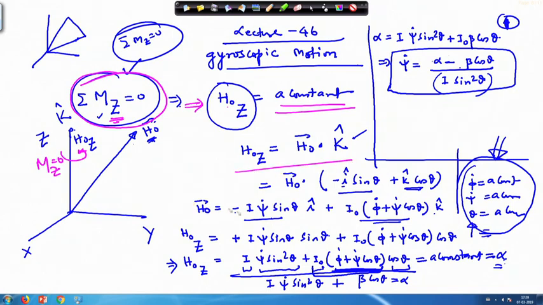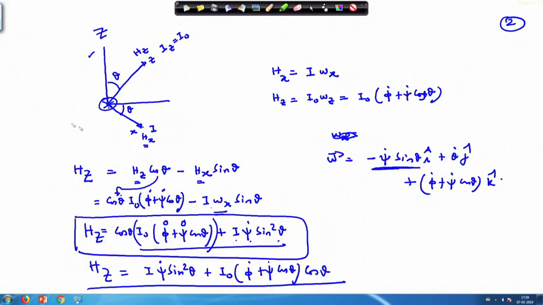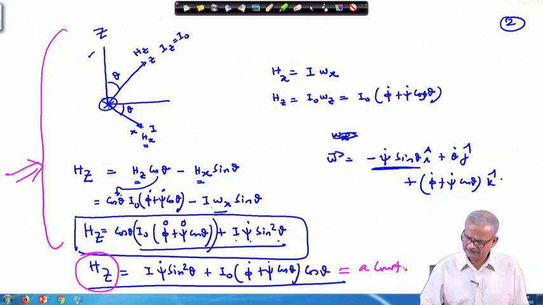And therefore, we have worked out all these things. It is easy to do using one method, and we have done the same problem by another method also. So, we get H capital Z, and this quantity is also a constant because there is no torque along that axis.